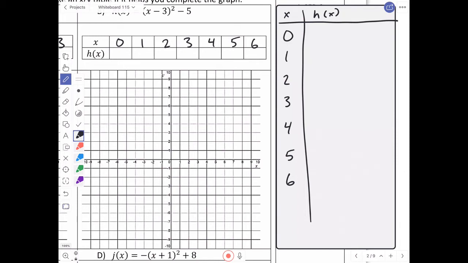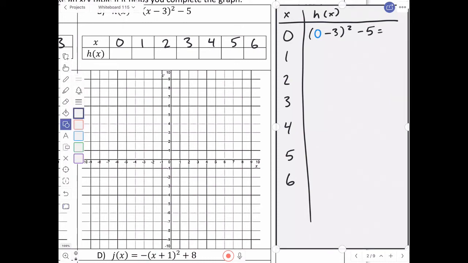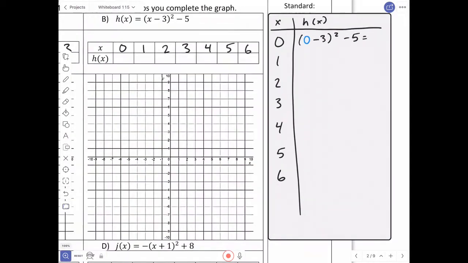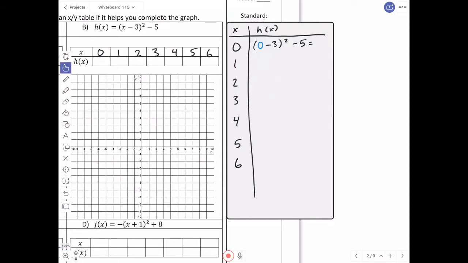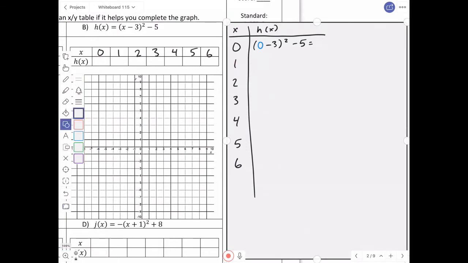And here I've got 0 minus 3 squared minus 5, which is negative 3 squared minus 5, which is 9 minus 5, which is 4.